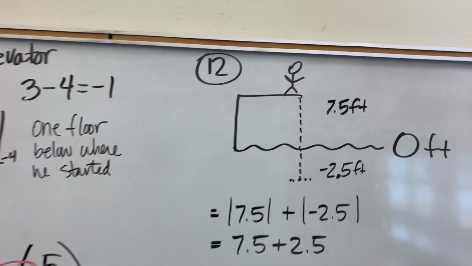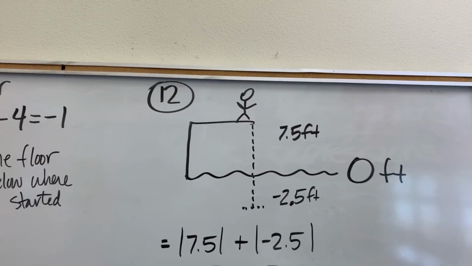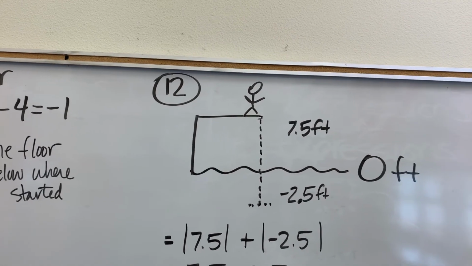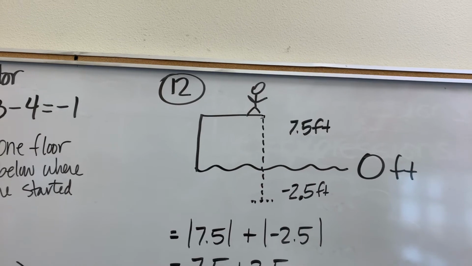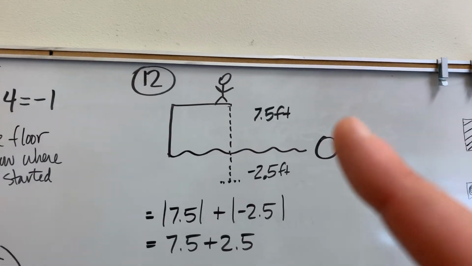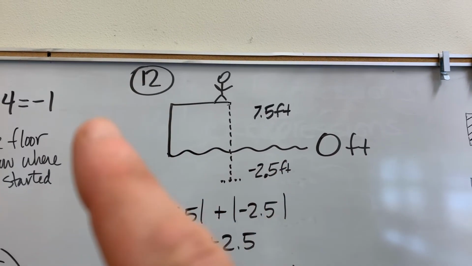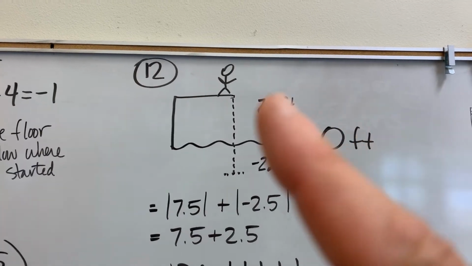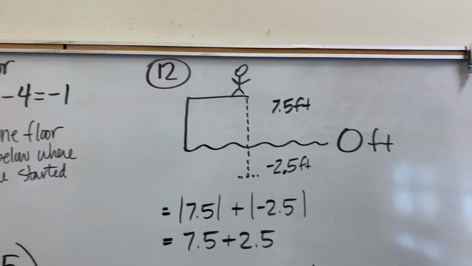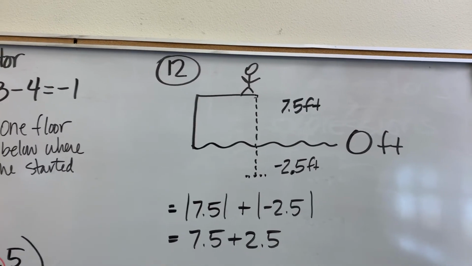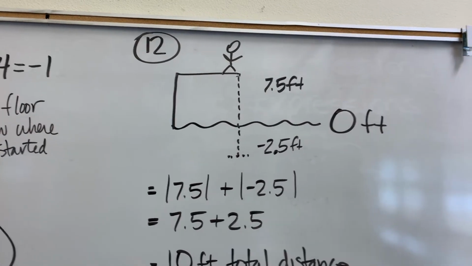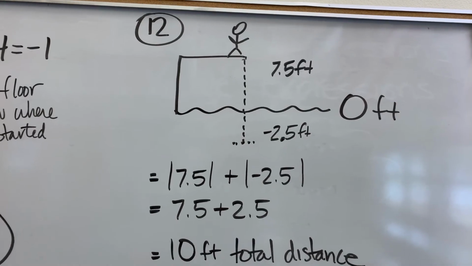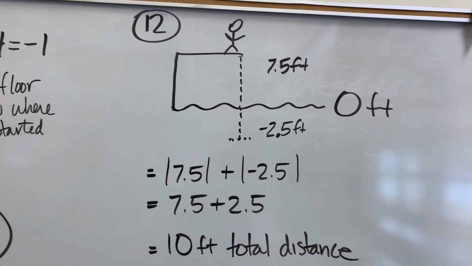Number 12, Misha. She's on a diving board, 7 feet above the water. If they ever talk about water, you know that 0 is the surface. So if she's 7.5 above, and then she dives underneath the water another 2.5 feet, I went a little overboard and I did the absolute value work.